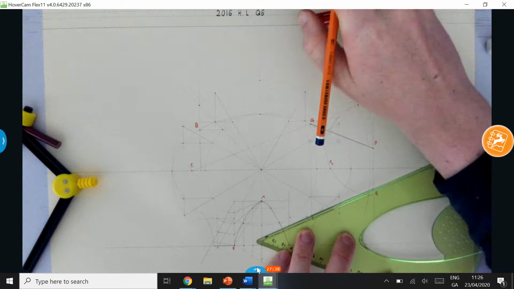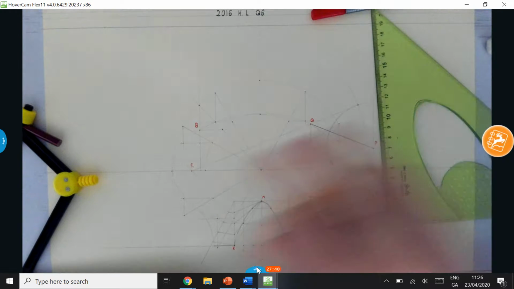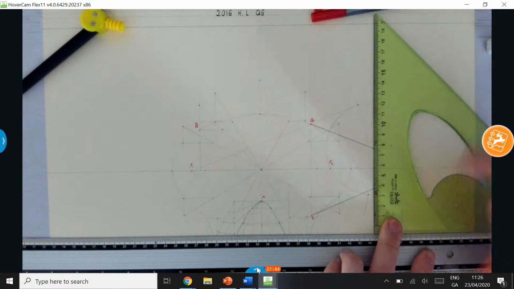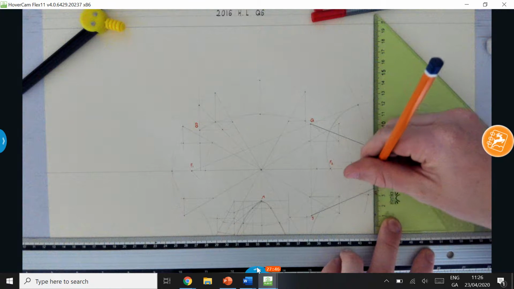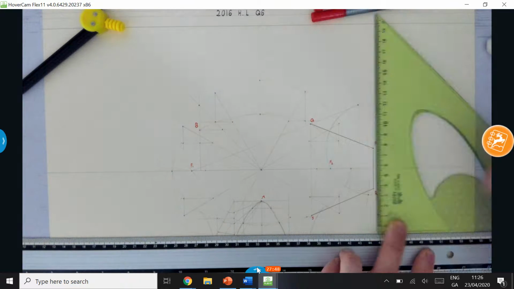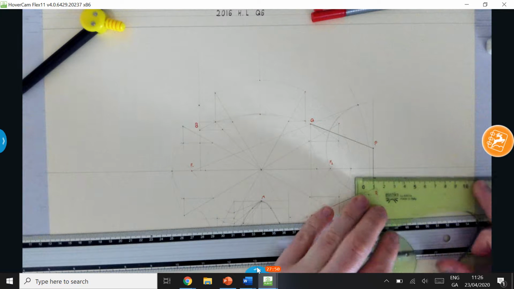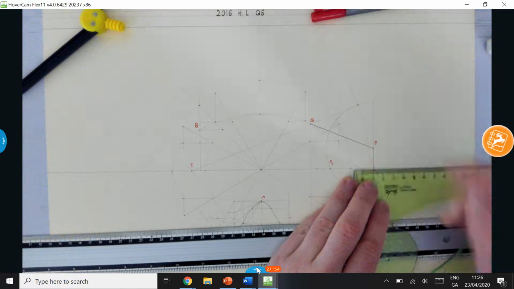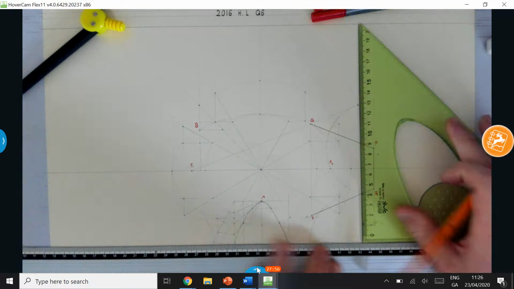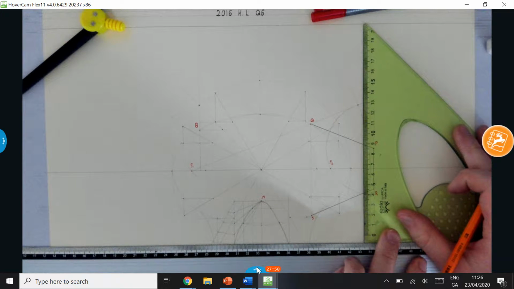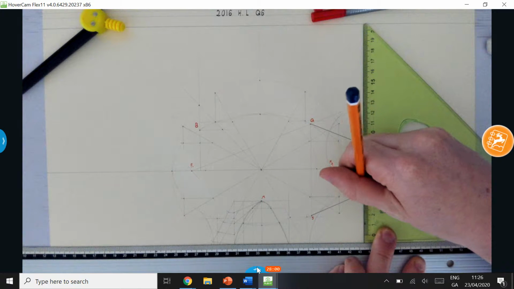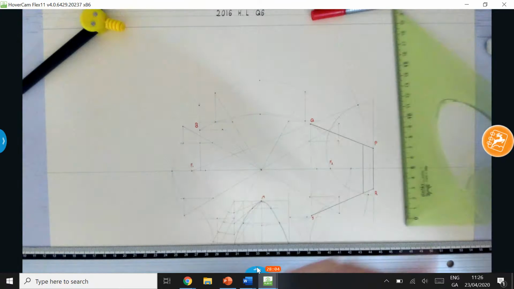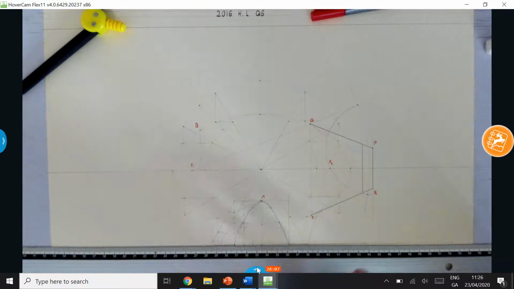Going to get us over S. Measure in 10. Okay, so that is the nose now done.